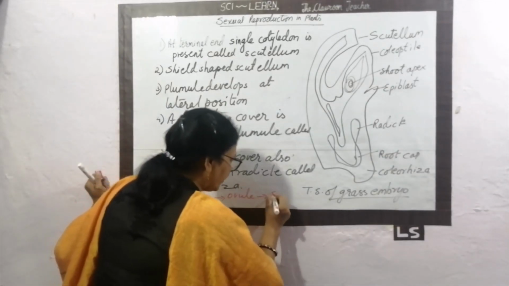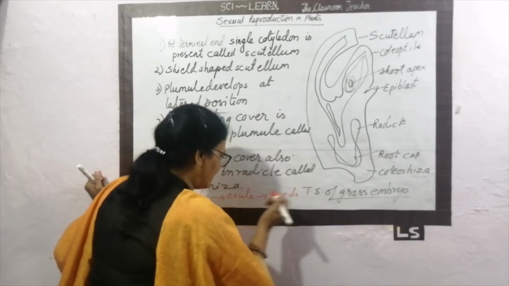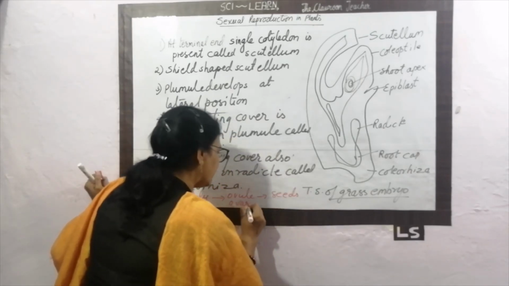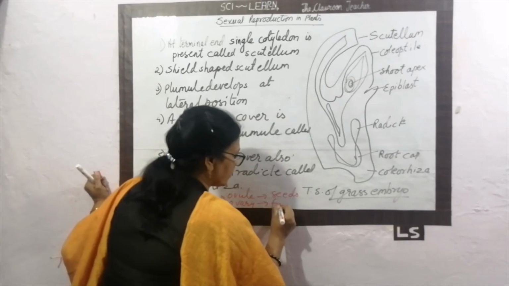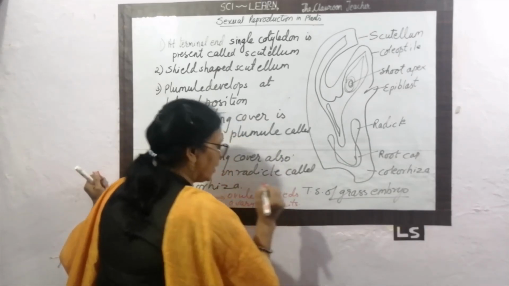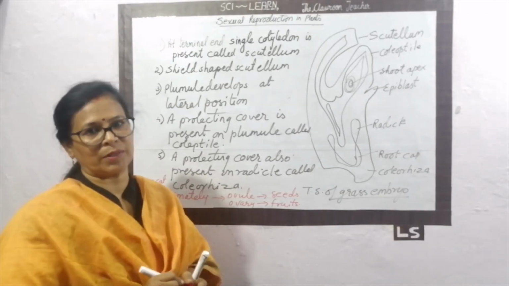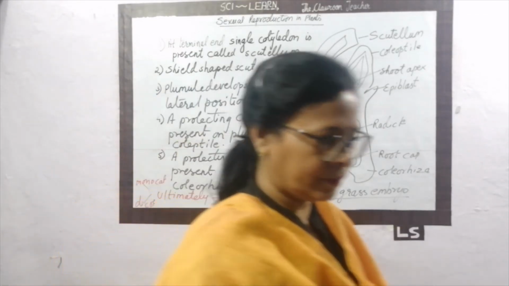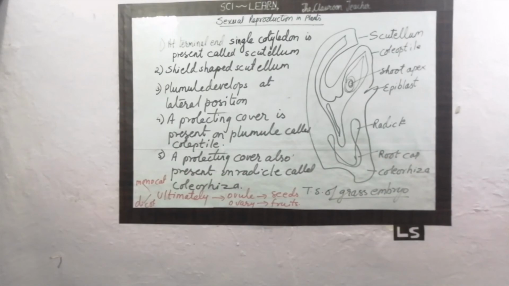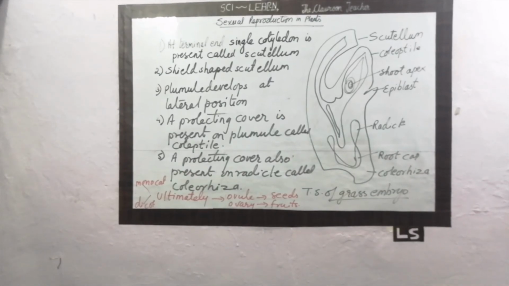The ovule gets converted into the seed, and the ovary gets converted into the fruit. Our next topic is the formation of seed.